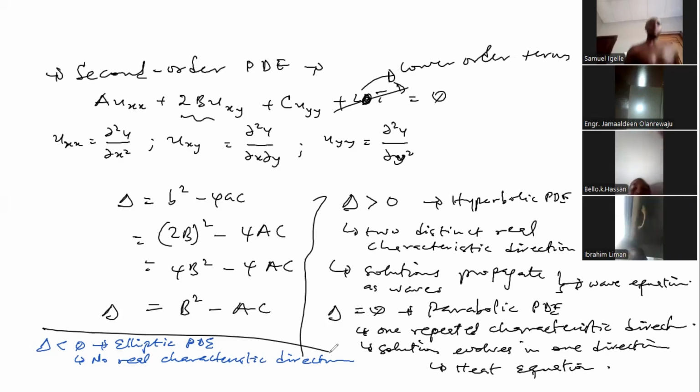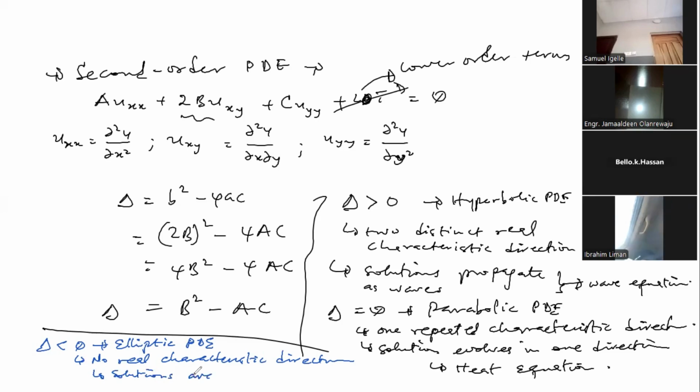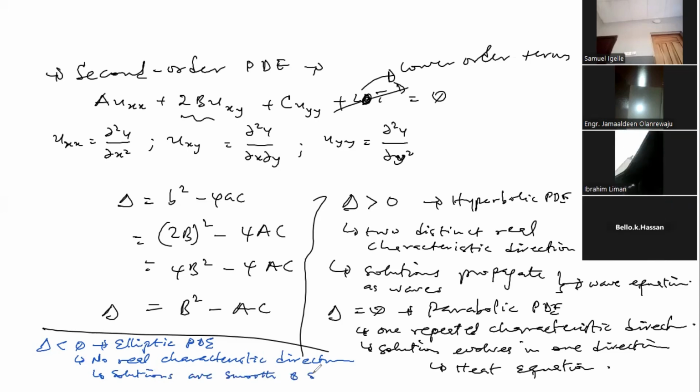So now, in this case, there is no real characteristic direction. So interpretively, we are saying that the solutions are smooth and they spread out, right?